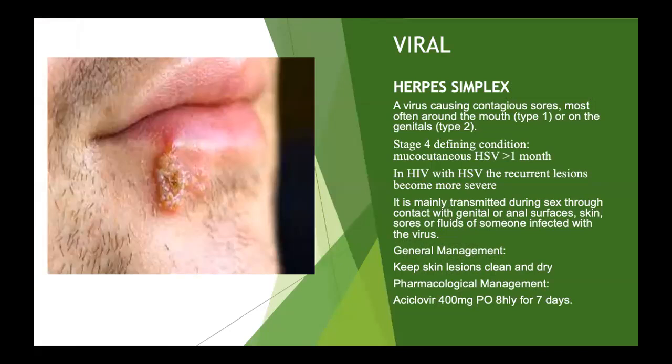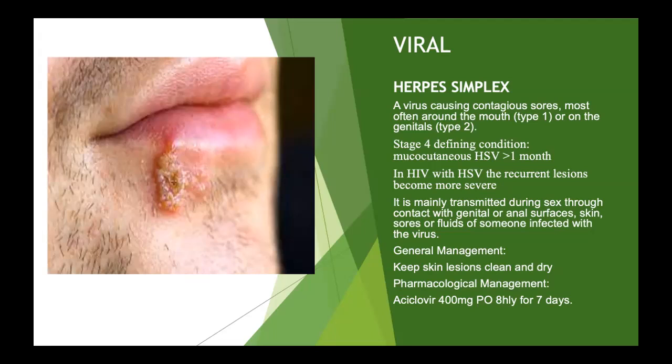Right, moving on to viral infections. Herpes simplex is a virus causing contagious sores, most often around the mouth, that would be type 1, or on the genitals, which would be type 2. It's a stage 4 defining condition when it is chronic, as we've explained before. In HIV with herpes simplex virus, the recurrent lesions become more severe.